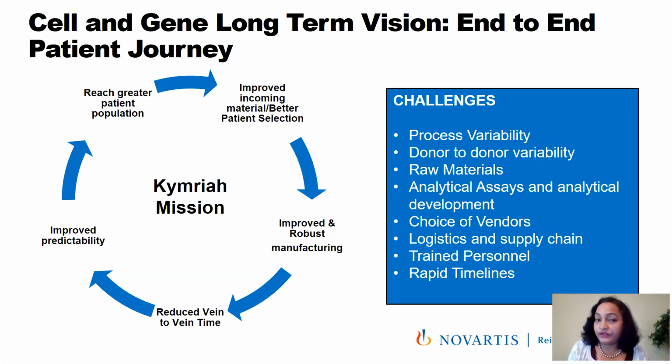This would then lead us to reduce vein-to-vein time, improve predictability, and in the end, it'll allow us to reach a greater patient population. Obviously, cell and gene is a very growing, very nascent field, so there are a lot of challenges. I've just listed some of the challenges here. The biggest ones being there is tremendous donor-to-donor variability and process variability because we're still learning the process as we go.